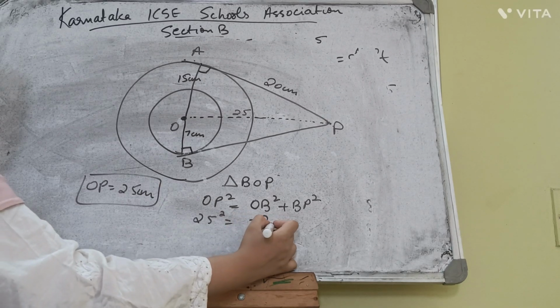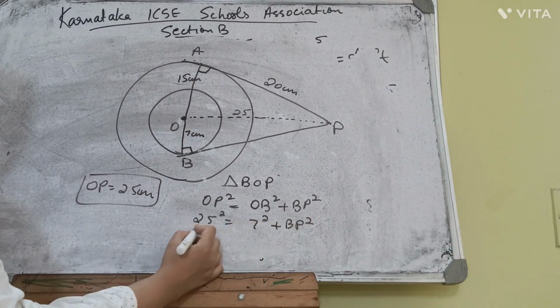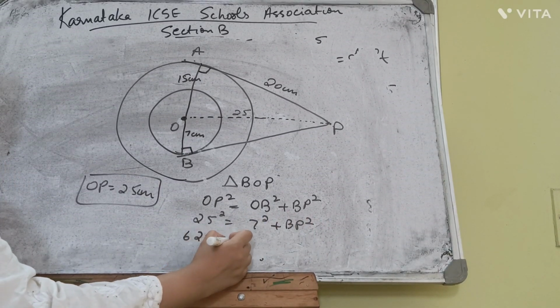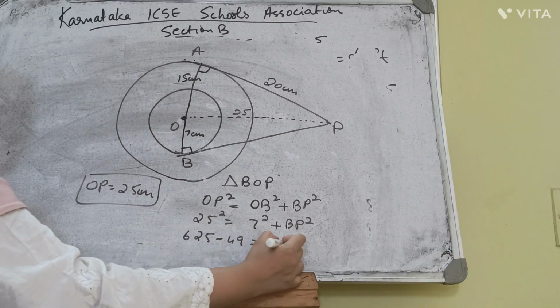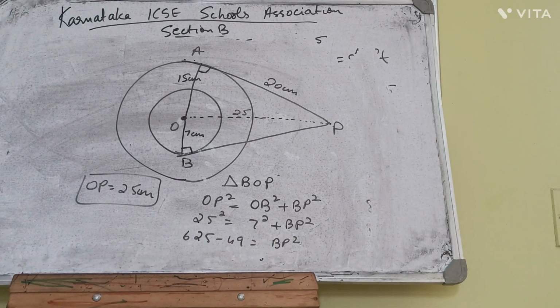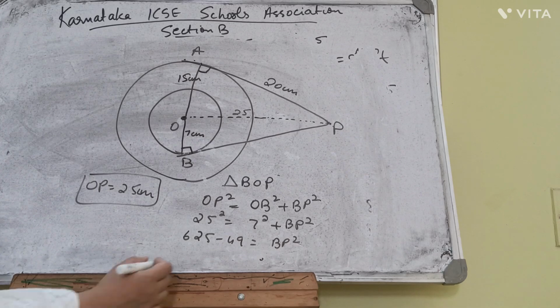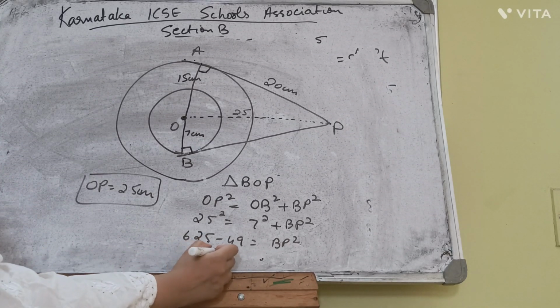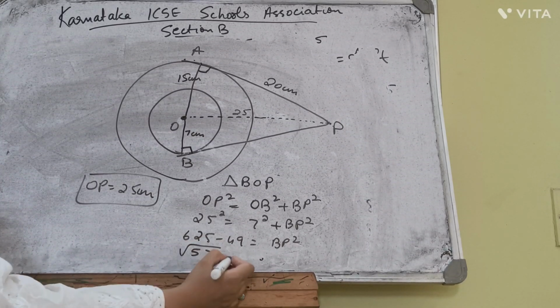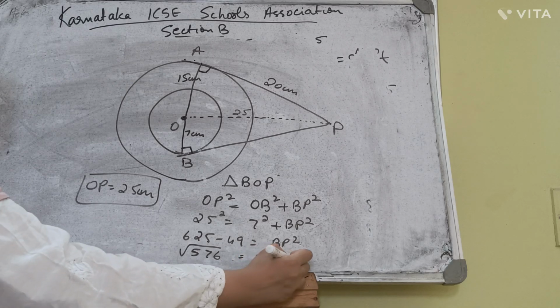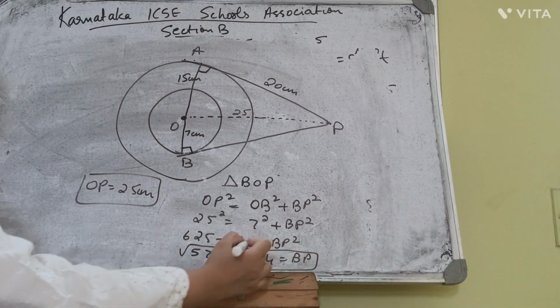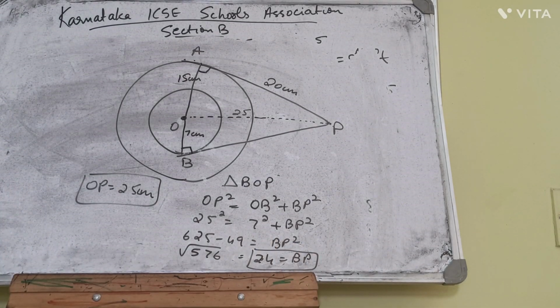This we got as 25 square, 7 square plus BP square. 625 minus 49 is equal to BP square. On subtracting this, we get 576. So root of 576 is 24. So therefore, BP is 24 centimeter.